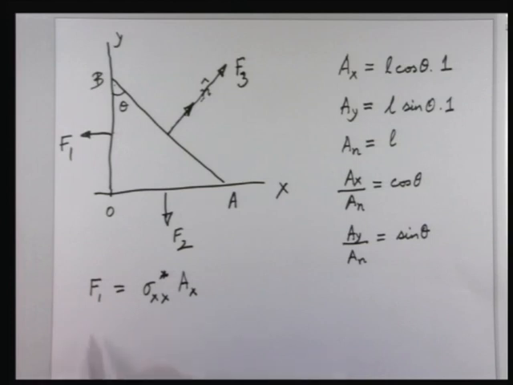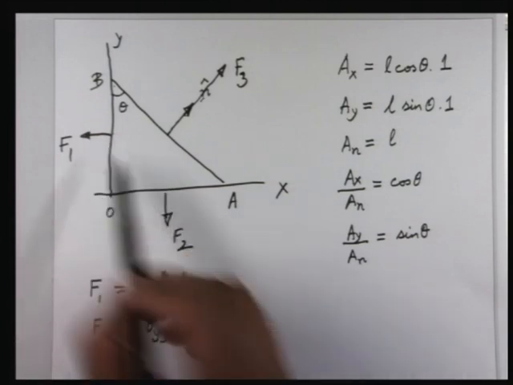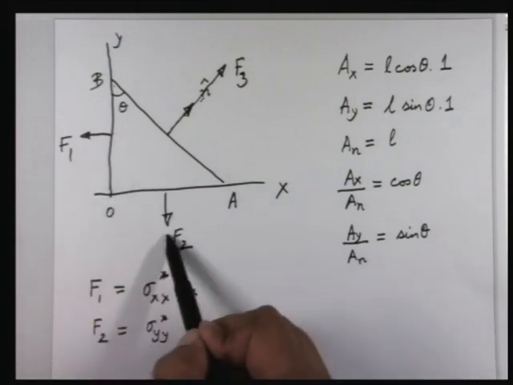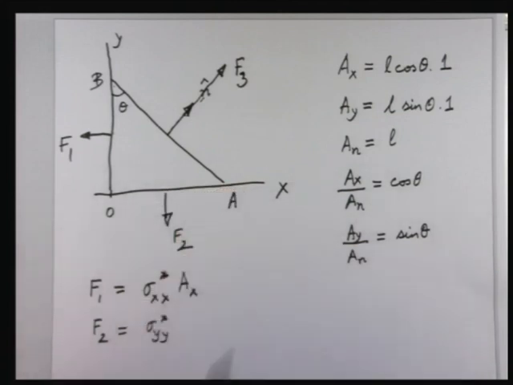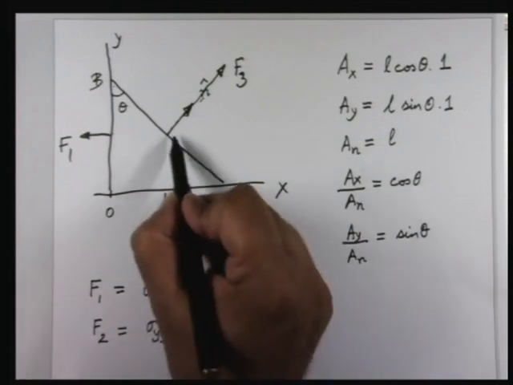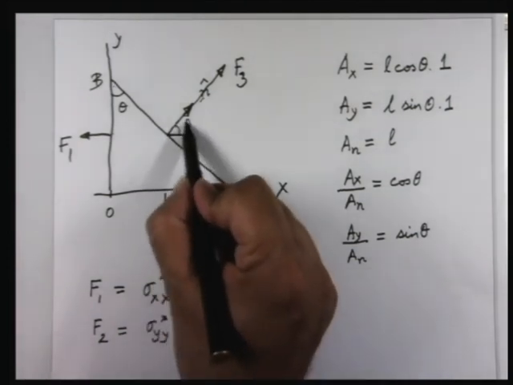Similarly, if you look at F2, it will be sigma YY. So I'm using the notation which was followed by Professor Chakravarti in the morning. So this is the face perpendicular to the y direction. So normal stress in this direction is sigma yy multiplied by AY, that is the net force. Now this angle here is theta.